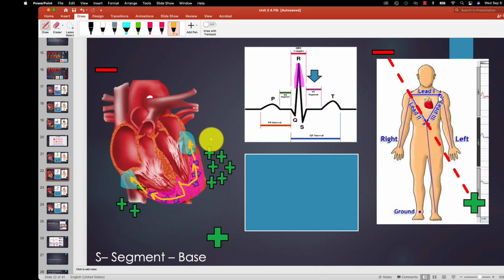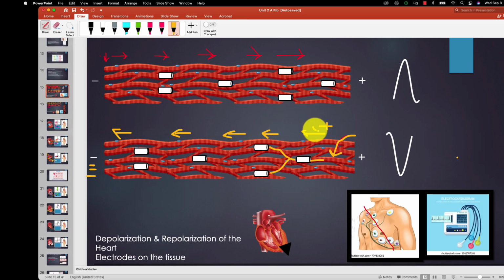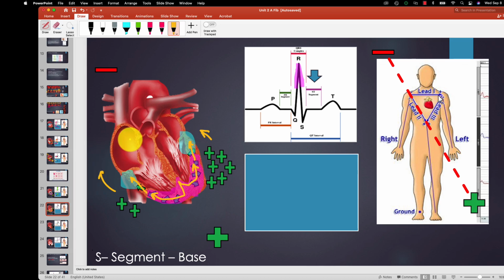And let me ask you guys, what direction are they going? And if you remember, let's go back to our bacon. If we have a positive charge heading towards a negative electrode, what deflection do we get? Downward, right? So that kind of makes sense, right? So we have positive charges heading towards a negative electrode, and we should get a downward deflection, right? So now we get boop, S wave.